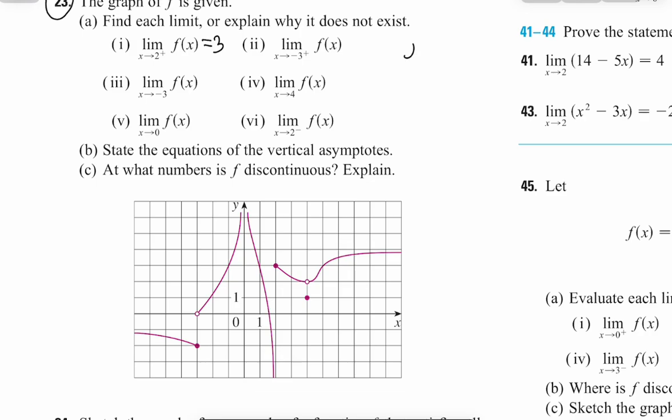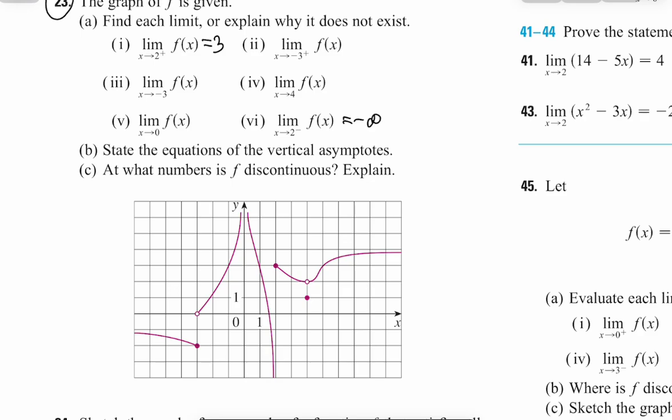Now, if they ask the limit as x approaches 2 from the left, that's this one. If they come into an x value of 2 from the left, what happens for that side? It's an asymptote. It's going to keep sliding down there. So that would be negative infinity.